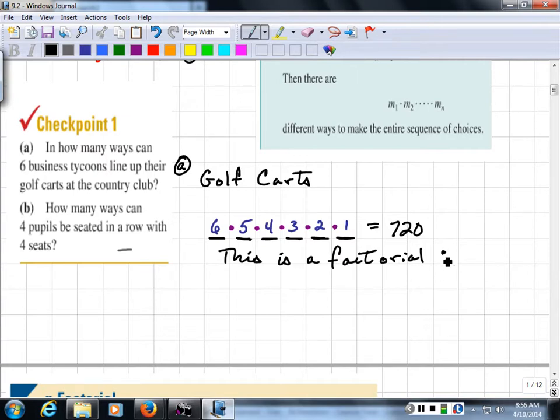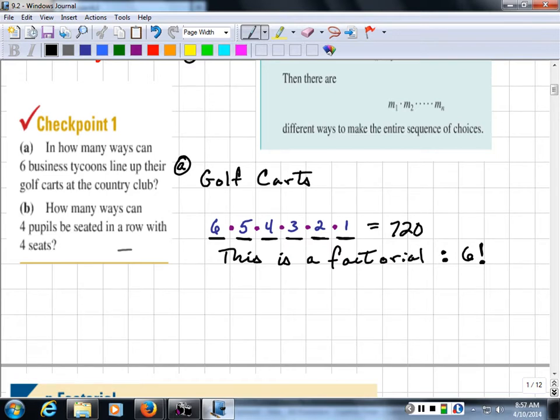It can be written like this: 6 with an exclamation mark after it. What that means is you take the number 6, and then multiply it by the next least number, by the next least number, until you finally get to 1.